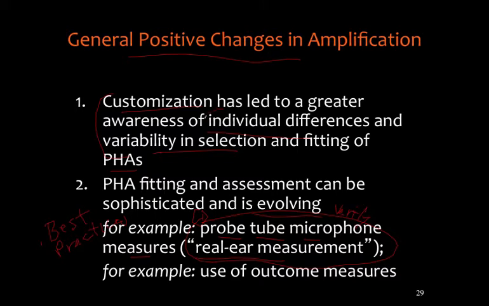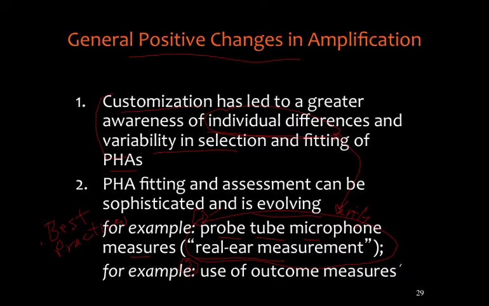What it does is allow us to capture whatever individual differences that person has relative to their own ear canal size and the volume of their ear canal. All those things are going to affect the resultant amount of energy that gets into that person's auditory system. Another one that's important is the use of outcome measures.